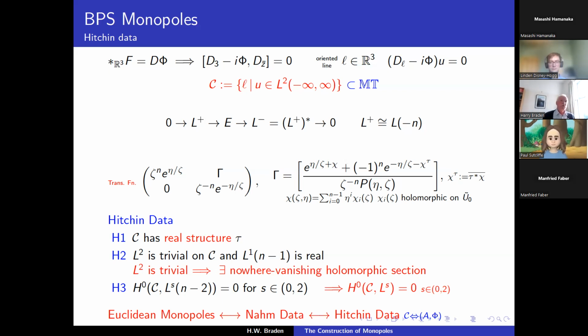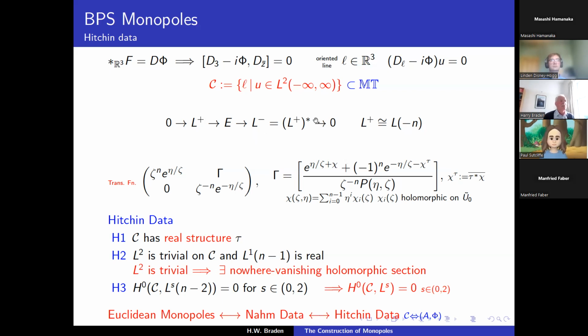Now, at this stage, what have we got? Hitchin's given us this rank 2 vector bundle E. I can have solutions that decay in one direction, and that will give me a line bundle that is a sub-bundle. And then we have a splitting.